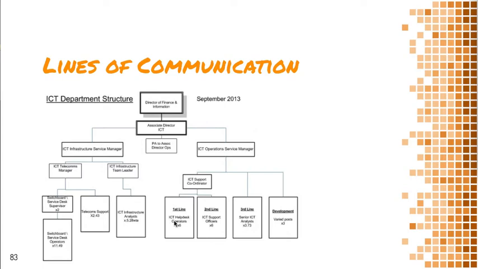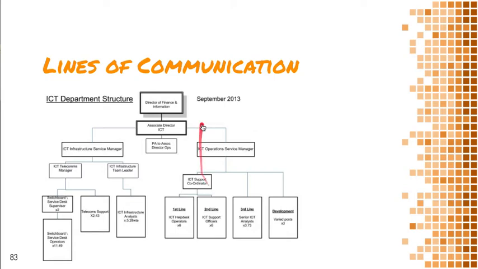So when we talk about lines of communication, we're actually talking about going here and following the line up your hierarchy to the next level. In this case, the next level here is the ICT support coordinator. That's the manager of the IT team. This person is the person that you ask for help initially.